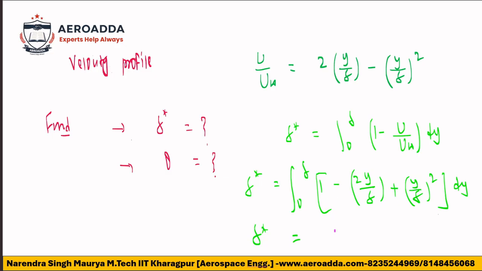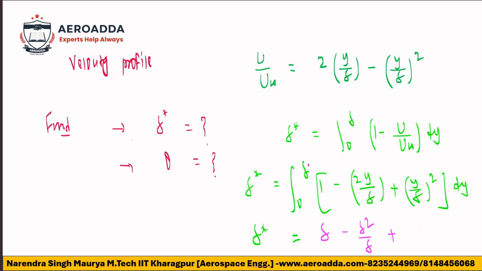What you will get? See here, first you will get the integral of dy with limit delta. This is 2y square by 2 delta, the 2s cancel out, so you have y square by delta, minus of delta square by delta. Plus, it's y square you have, so it becomes y cube divided by 3, into delta square.